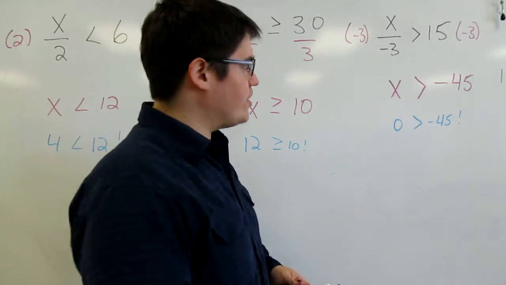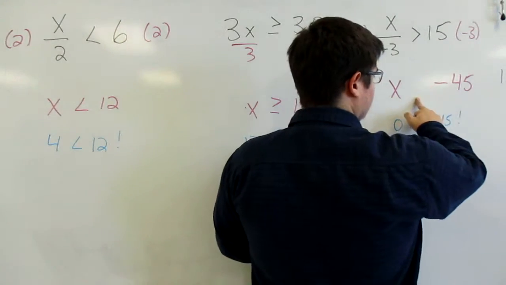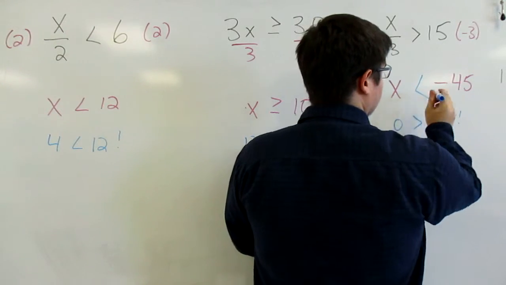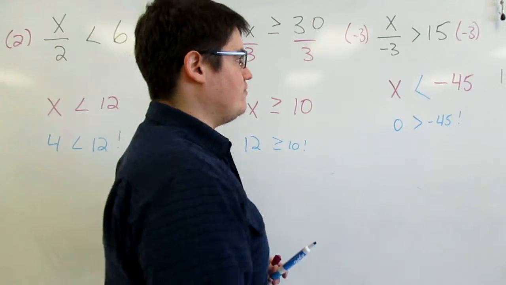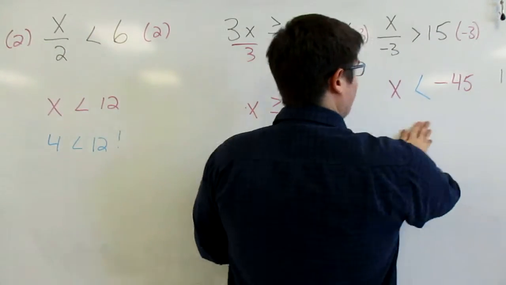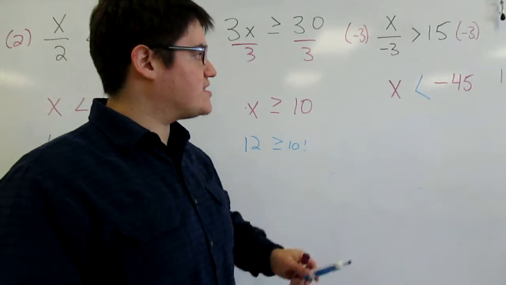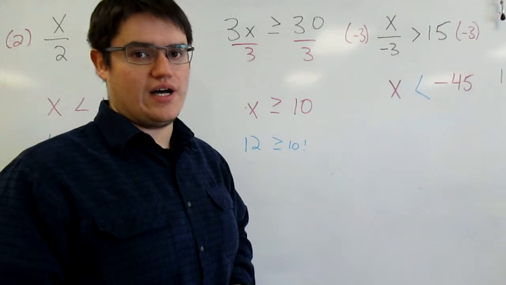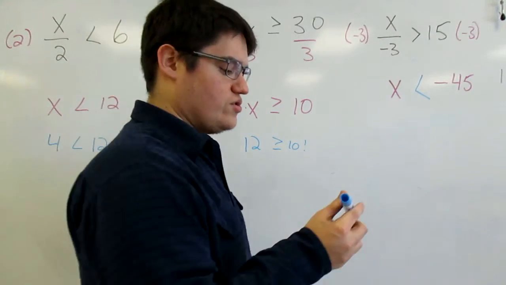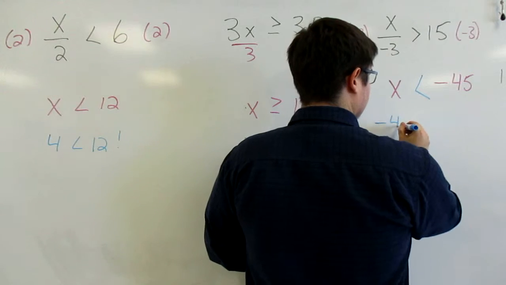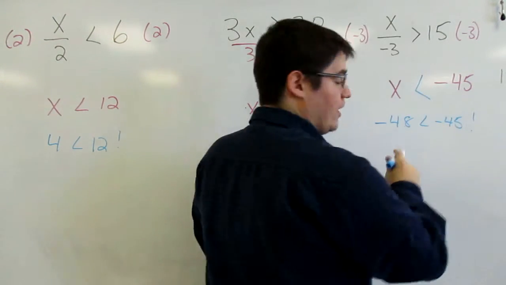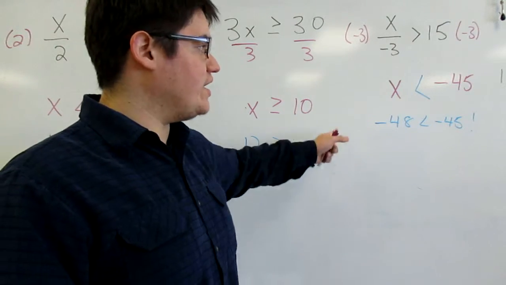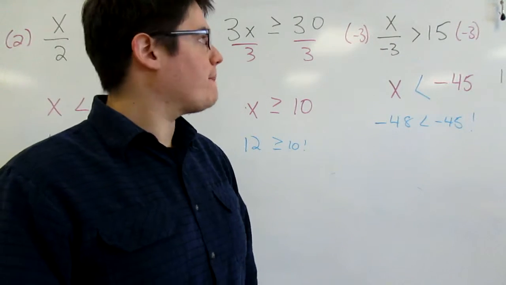But let's say I were to change this one. Let's say I flip that sign around. Now I want to pick a number that's less than negative 45. Let's do negative 48. That one's true. Negative 48 is less than negative 45.